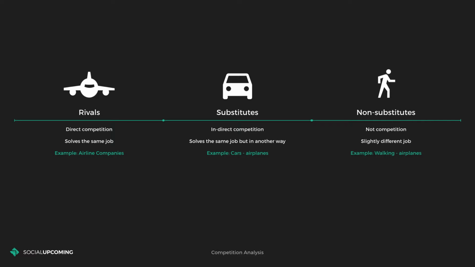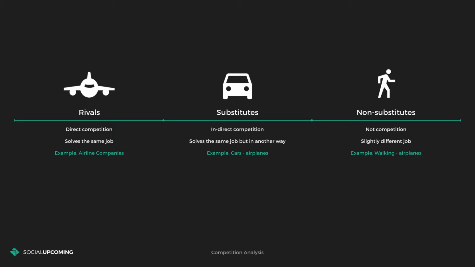So the job we want to solve here is fast travel over a long distance, let's say from LA to New York. It's a long way, and there are a lot of miles to cover, and the best solution or the best type of vehicle to travel in would be by air, so planes.